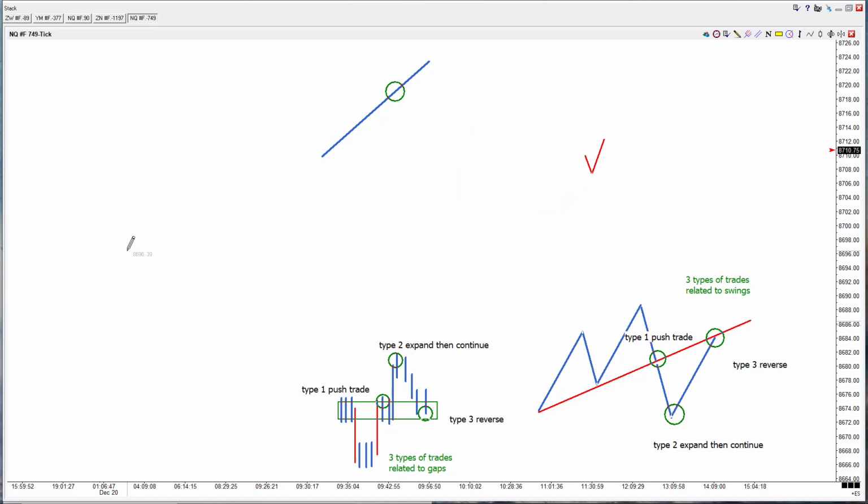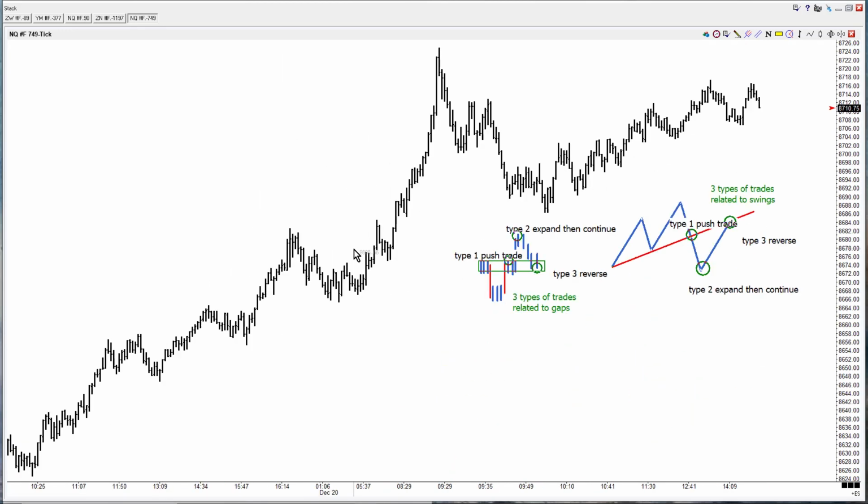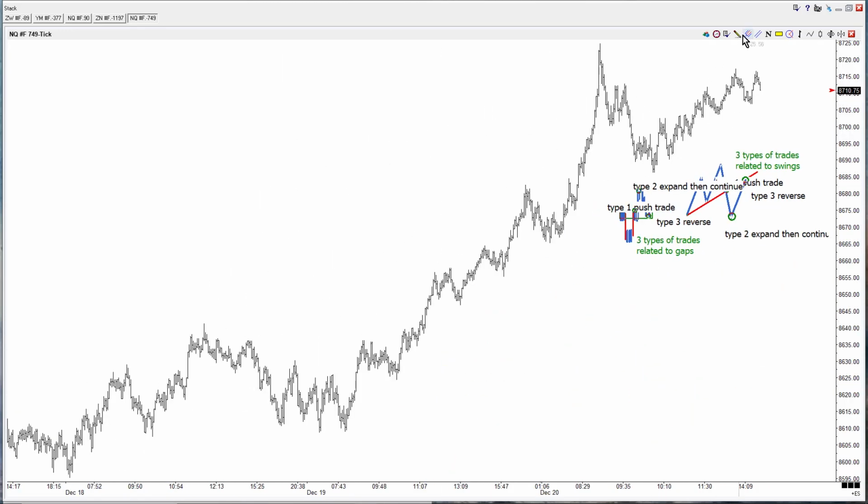So let's look at this market here and show you recent things. So for instance, you can identify a major swing. It's got a pullback about yay big, right? And then we can identify swings on the way up.